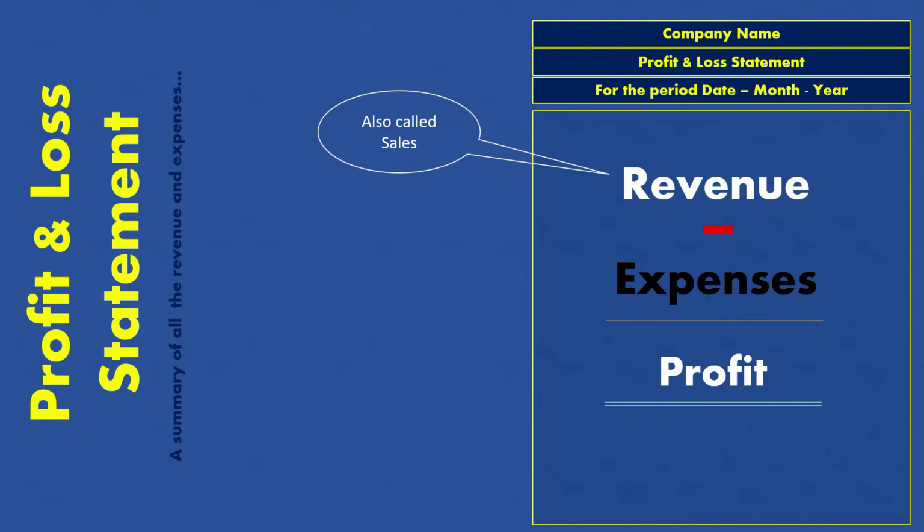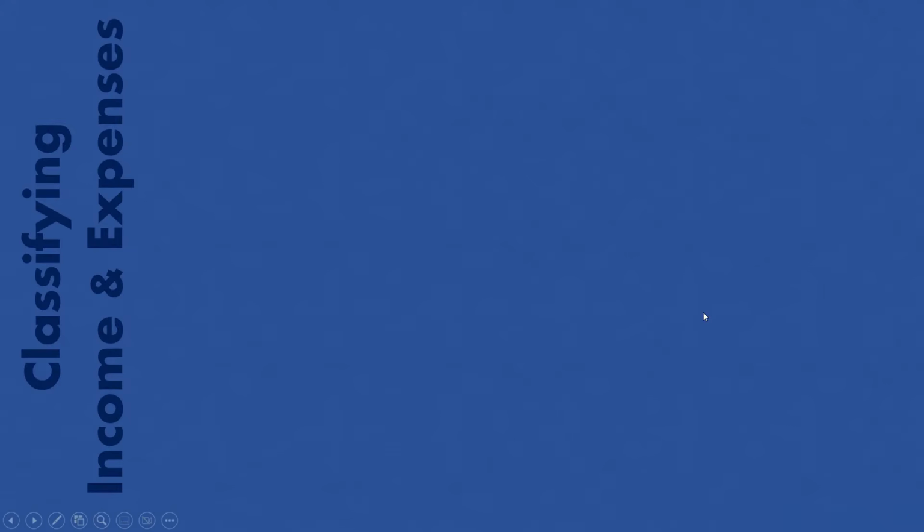And for that we will need to classify our revenues and expenses into different categories. So now that we have an overview of the income and expenses, we now need to classify the income and expenses into different categories so that anyone who is looking at reports is going to get a more detailed view about the business.